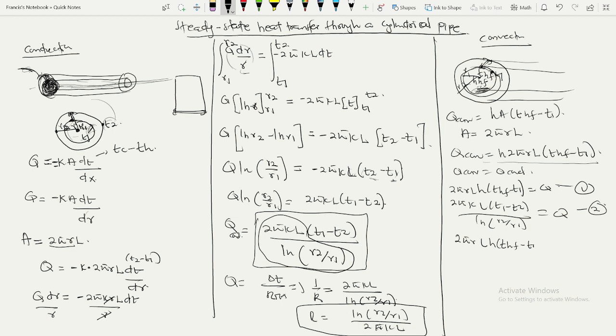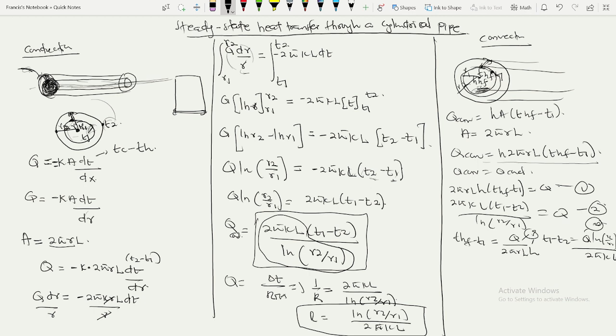When you make this the subject, just like how you did for the composite walls, when you are making T_HF minus T1 the subject, you are going to get Q over 2 pi RLh. And then when you make T1 minus T2 the subject, you are going to get Q ln R2 over R1 all over 2 pi KL. So now we can add the two equations, calling this equation 3 and this equation 4.